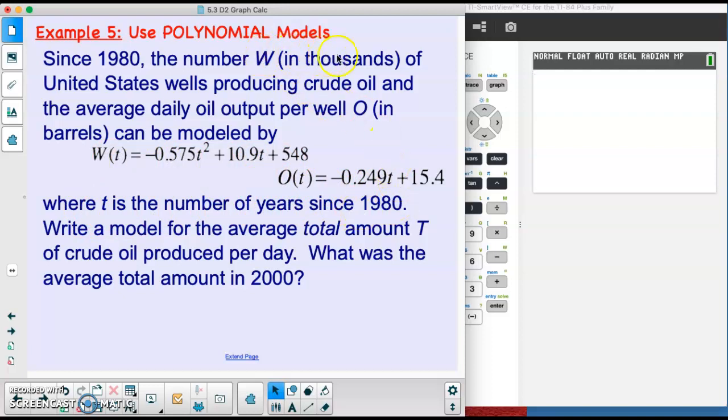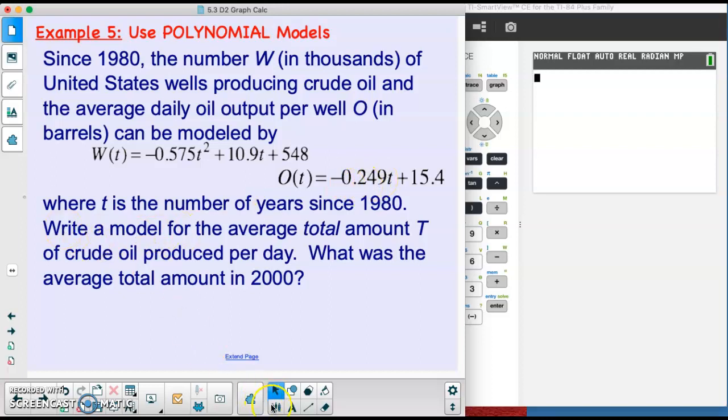Now, if it says W is in thousands, remember that means that this number is not 548. That number is 548,000. This number is not 10.9, but it's 10,900. And this number is really negative 575. Now, these numbers are exactly as is. That's simply 15.4, and that is really negative 0.249.